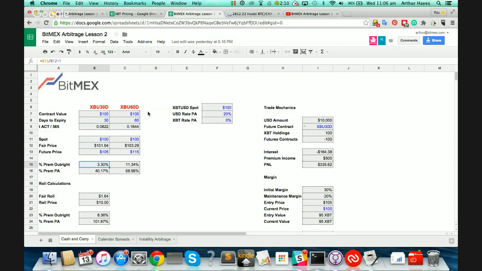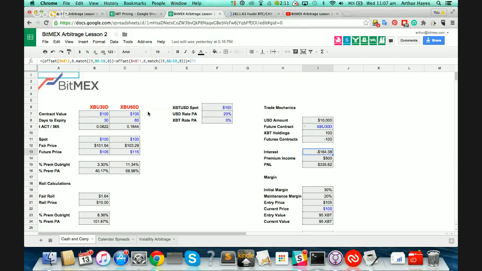So as we discussed, you'll take your 10,000 US dollars, for an example. You will trade the XBU 30-day contract. Assume at a price of $100, you can buy 100 Bitcoin with this 10,000 US dollars. And because each contract is worth 100 US dollars, you will sell 100 futures contracts.